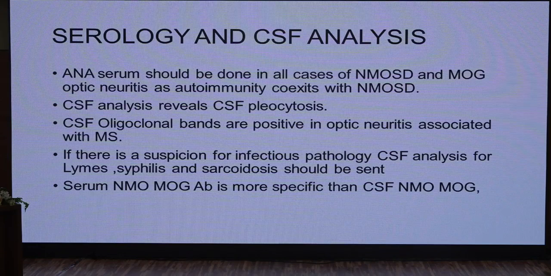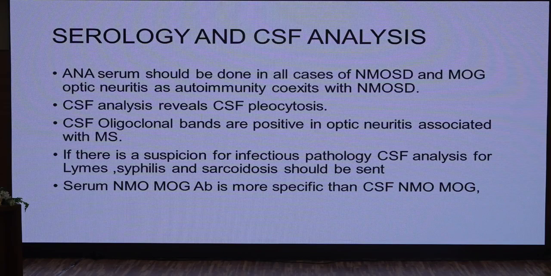Now coming to the serology and CSF analysis in these patients. So ANA serum should always be done in all patients of NMO spectrum disorders and MOG optic neuritis, as autoimmunity coexists with NMO spectrum disorders. CSF analysis reveals CSF pleocytosis, that is more than 50 cells. CSF oligoclonal bands are specifically positive in optic neuritis associated with multiple sclerosis.